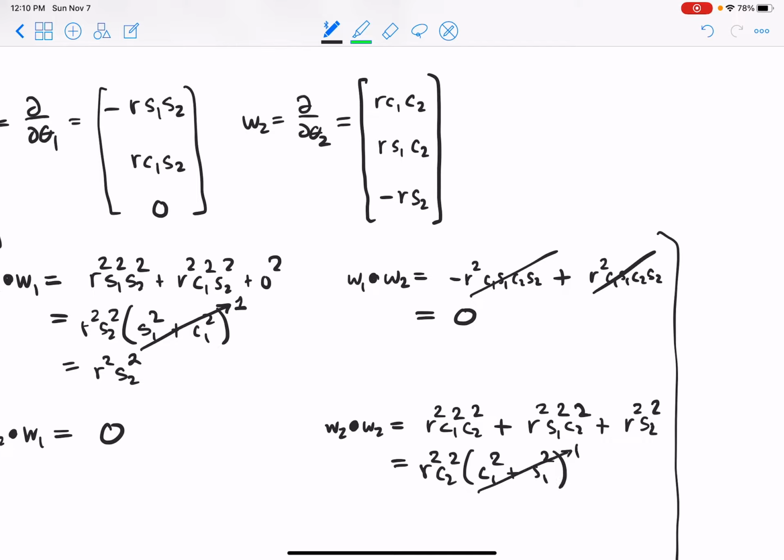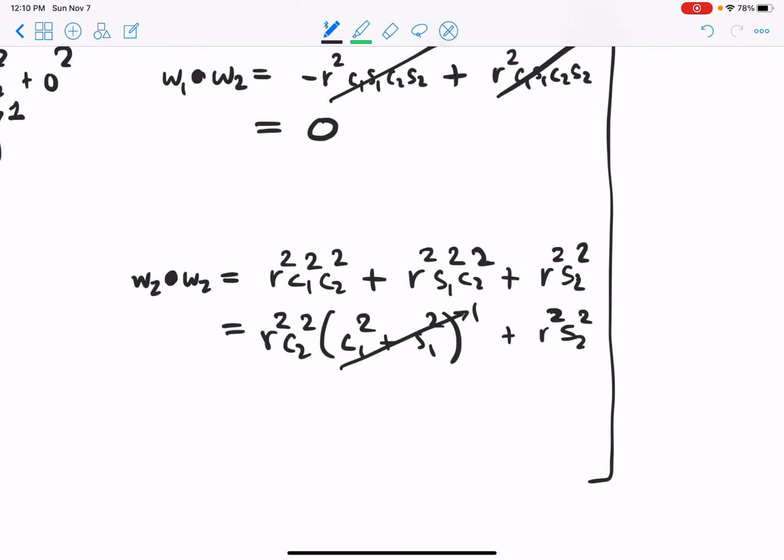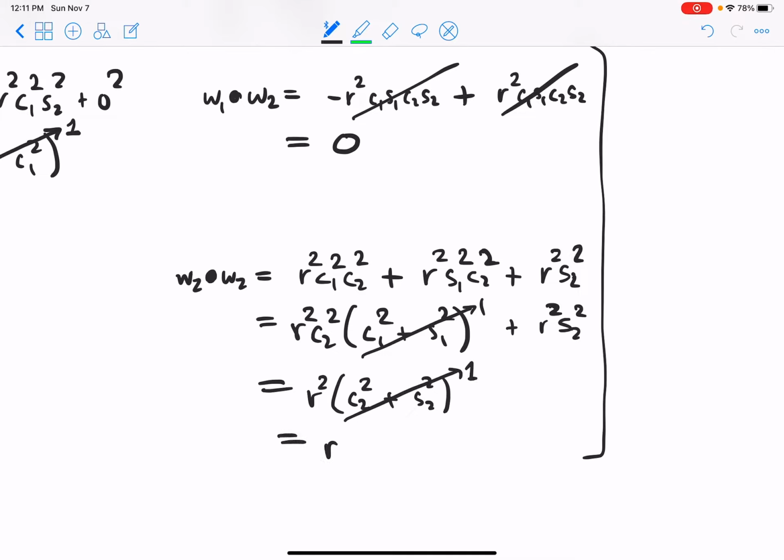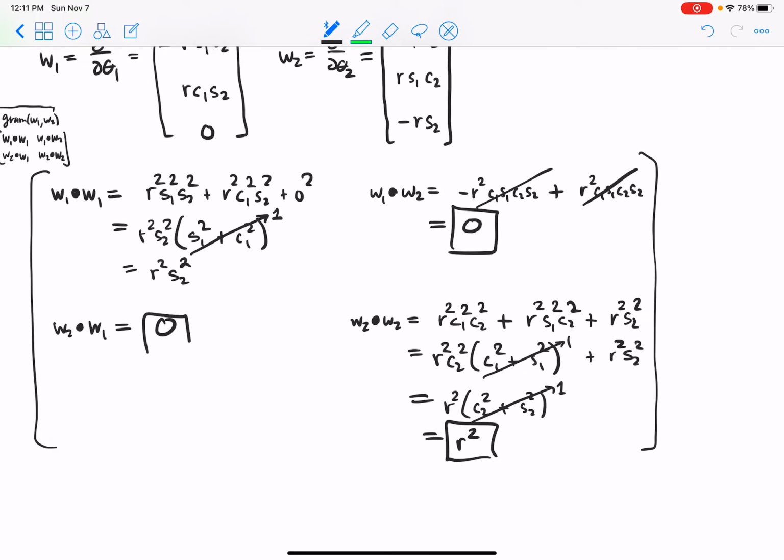That is 1. Okay, and then from these two terms, I can pull out the r squared, and I get cos 2 squared plus sine 2 squared, which is 1. And so the end result is an r squared, a 0, a 0, and an r squared s2 squared.